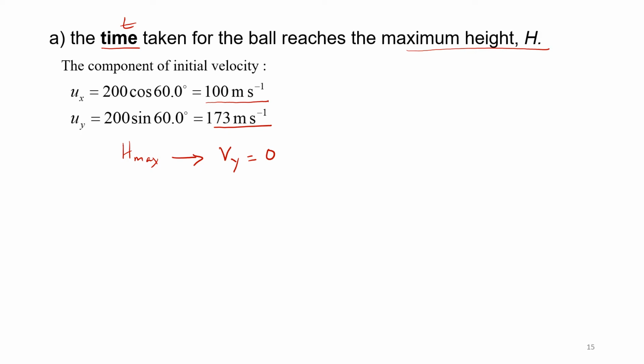Now we use the equation Vy equals Uy minus Gt. Substitute Vy equals 0, Uy 173, G 9.81. Now we get the value T, 17.6 second.